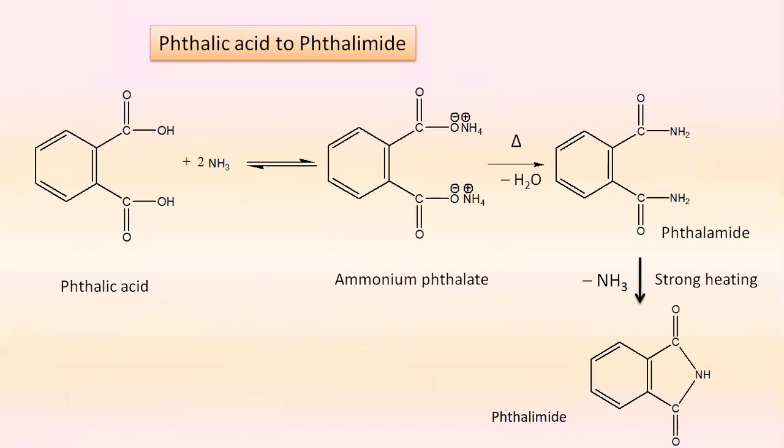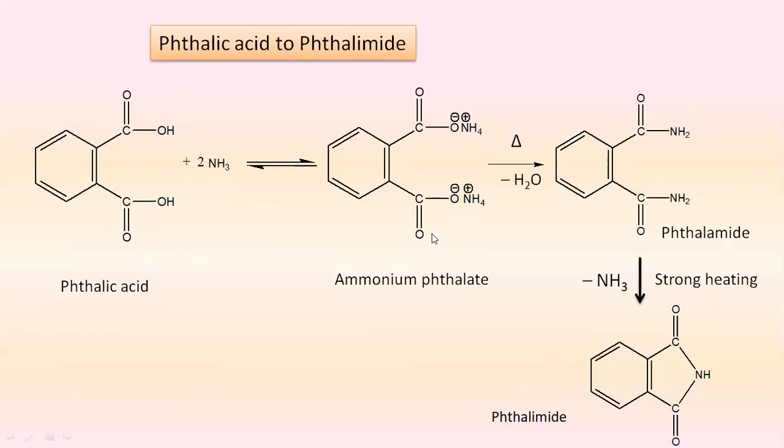For an aromatic carboxylic acid like phthalic acid, which contains two C double bond O OH groups, these two carboxylic groups are present on the benzene ring. That structure is called phthalic acid. With ammonia we require two molecules of ammonia, as phthalic acid contains two carboxylic groups. First NH3 is added, forming O minus NH4 plus, ammonium phthalate.